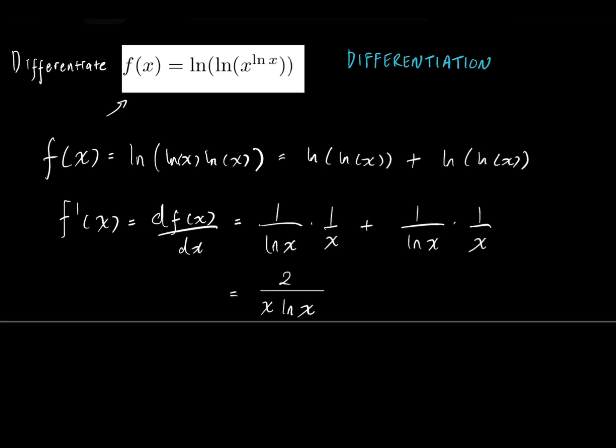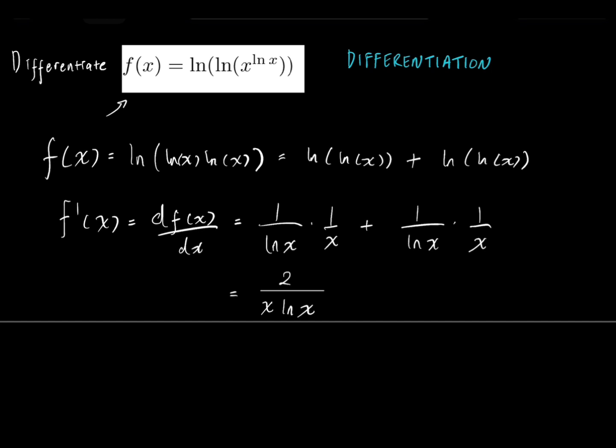So how do we do it? Remember the properties of natural logs, or logarithms in general. I can take the power down. If I take the power ln x down, what's left? ln x. So I can rewrite the inside of the brackets here as ln x times ln x.